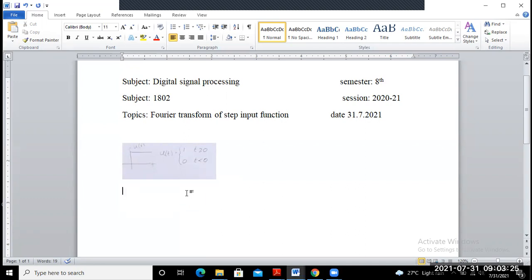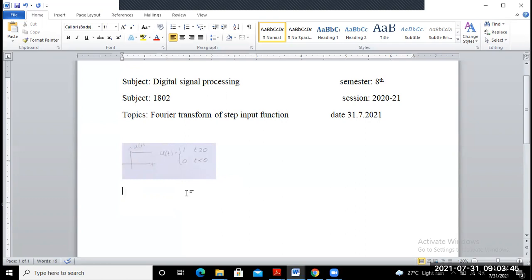So we can say that a step input function, the unit step function, generally does not have a Fourier transform.